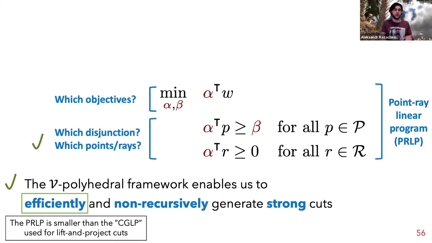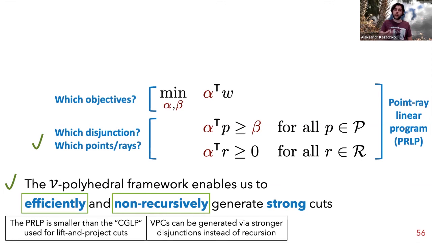And in prior work with this row generation, they've already shown advantages for larger disjunctions generated by some variant of our approach versus the lift and project cut approach, and showed that doing this PRLP idea can have significant computational time advantages over the lift and project cuts.